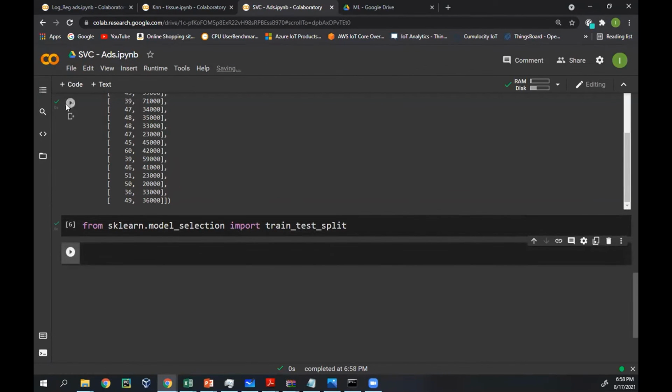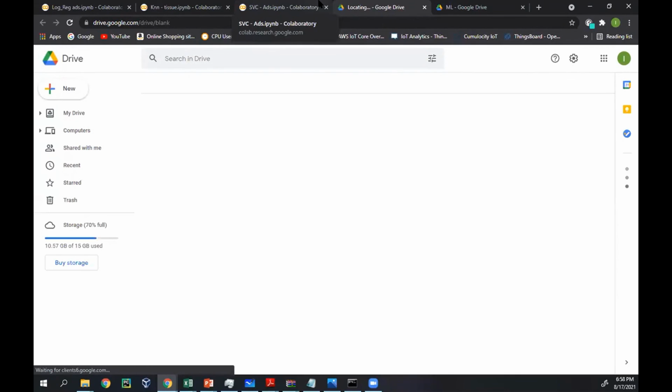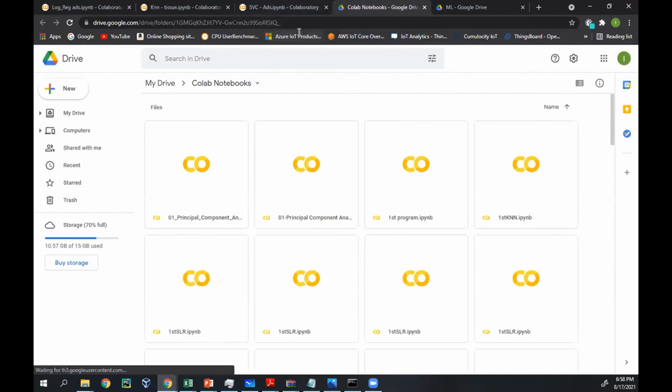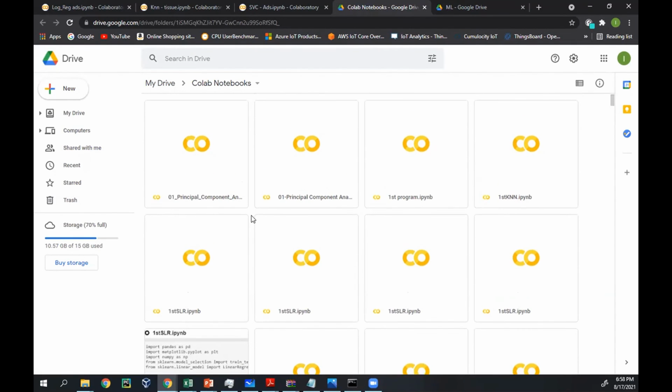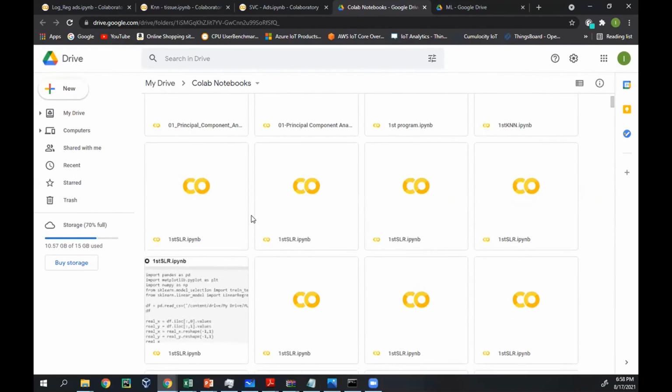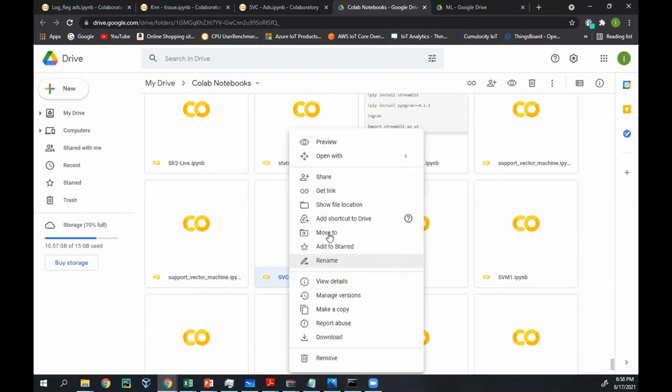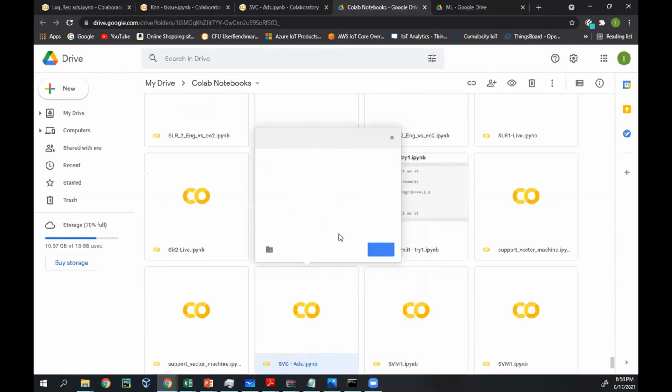I have not located this data, right? So let me just locate this file for you so that you guys don't get confused. Yeah, here it is. So I have to move this.